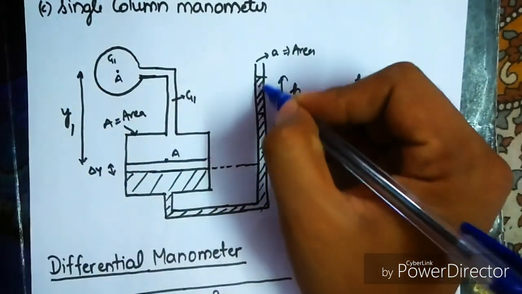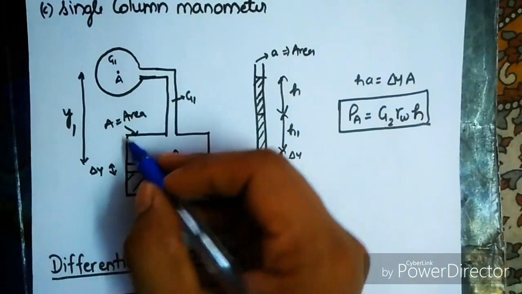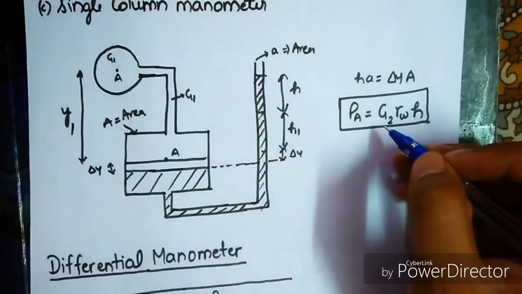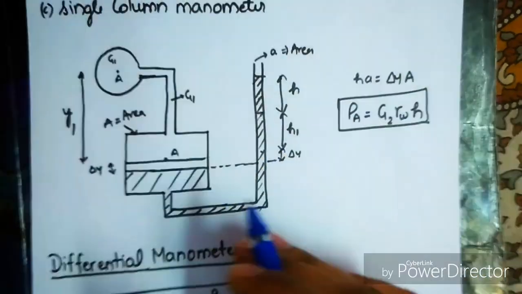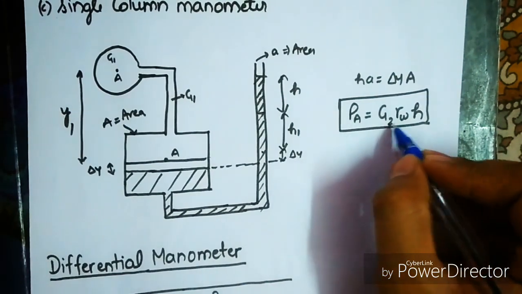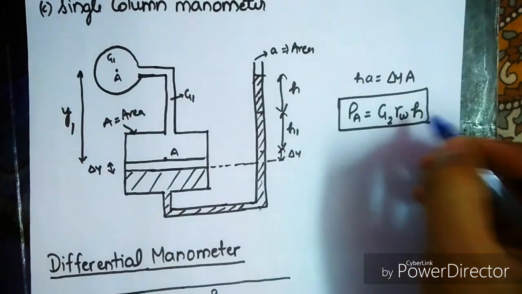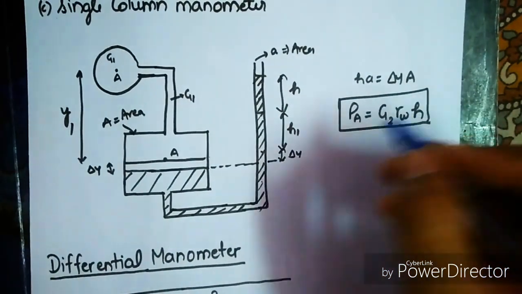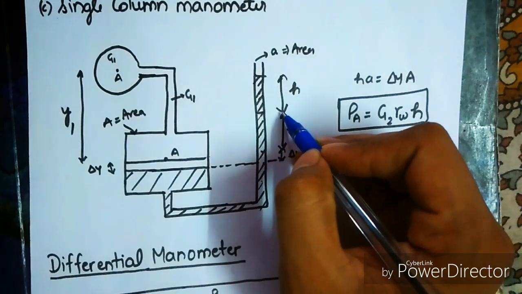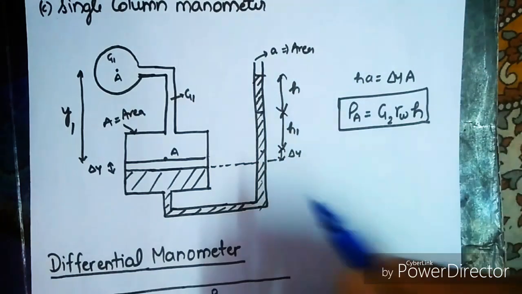The area of this tube is small a, and the area of the larger portion is capital A. This distance is Y1. By using the formulas and calculation, we get the pressure at A as PA equals G2 gamma W h, where G2 is the specific gravity of this liquid, gamma W is the unit weight of water, and h is the rise of this manometric liquid in this smaller diameter tube.